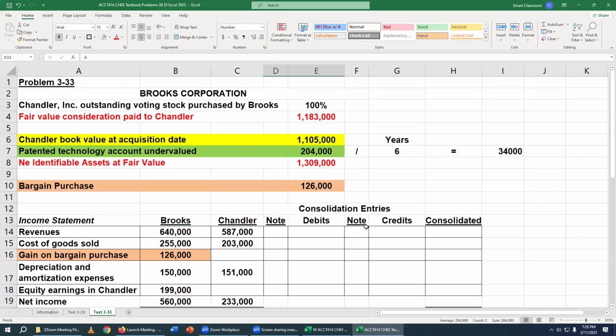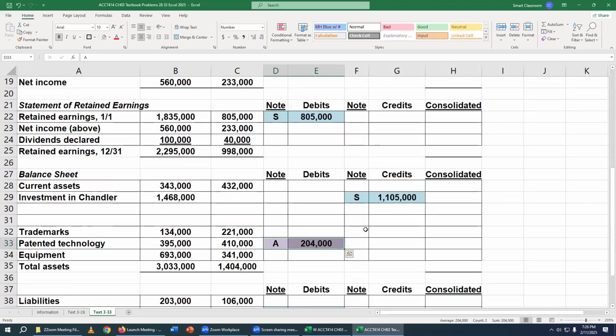That's the only one, I think, right? Yep. And there's no goodwill, so that'll be it.